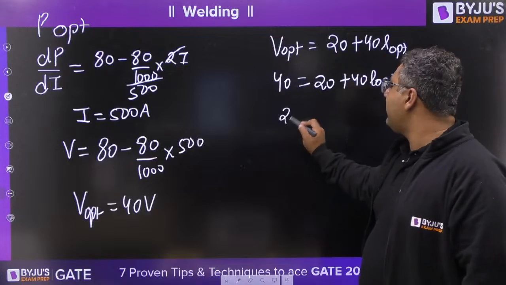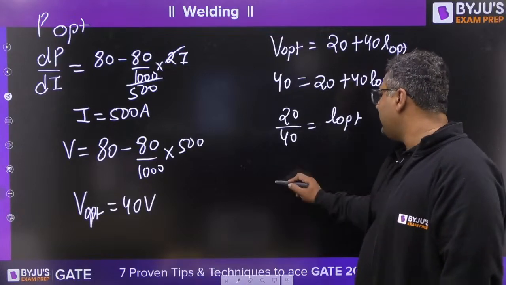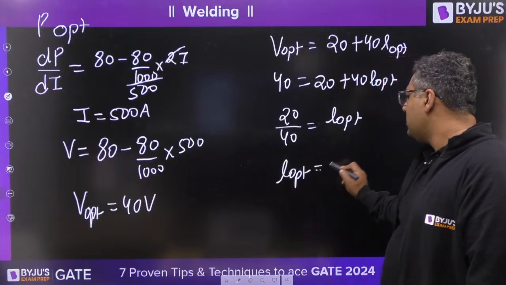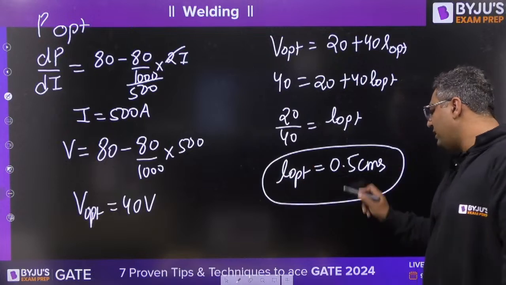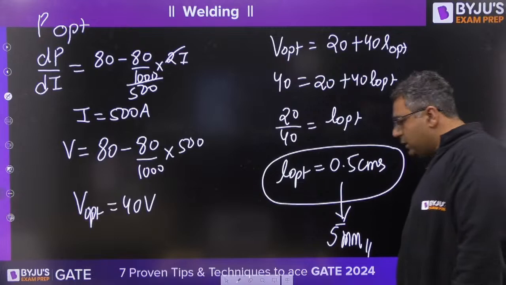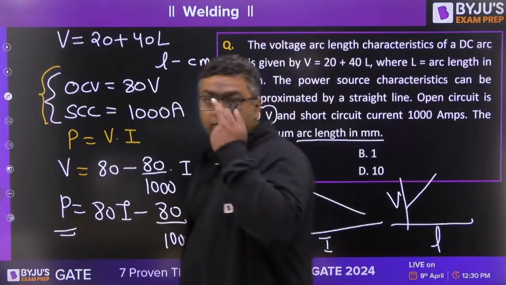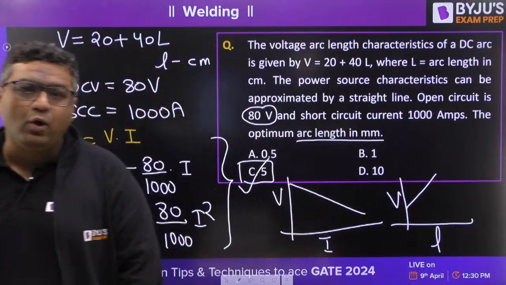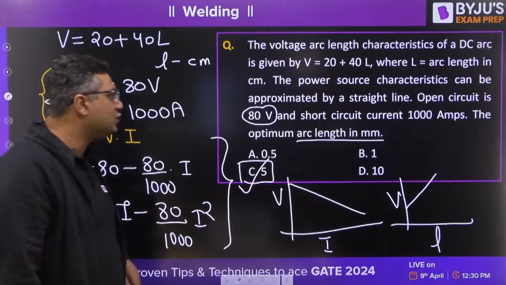You will get L optimum as 20 by 40, which is 0.5 centimeters. So this 0.5 centimeters will be 5 mm. So the answer for this question is C. I hope everybody got it. Kiran has given the right answer.